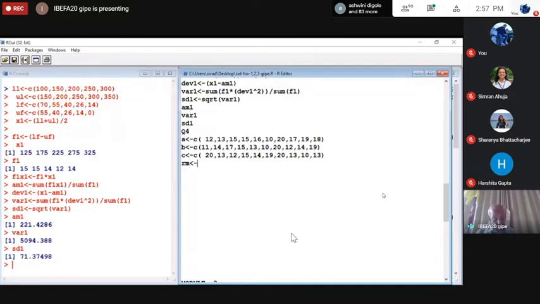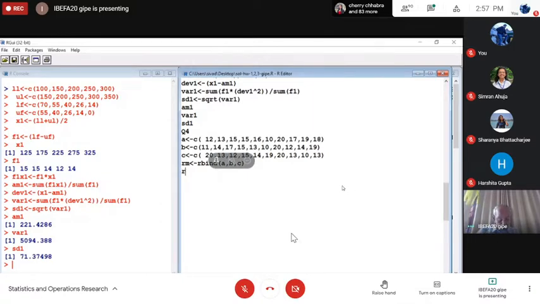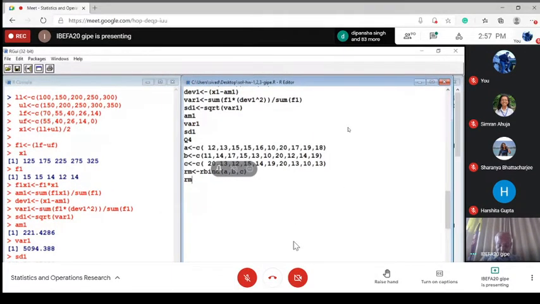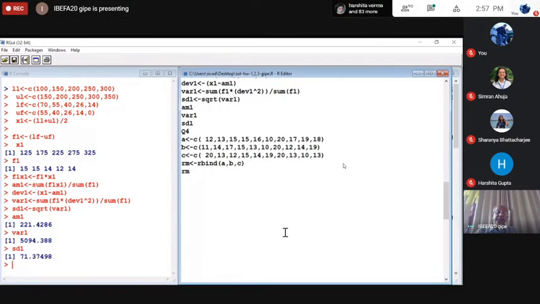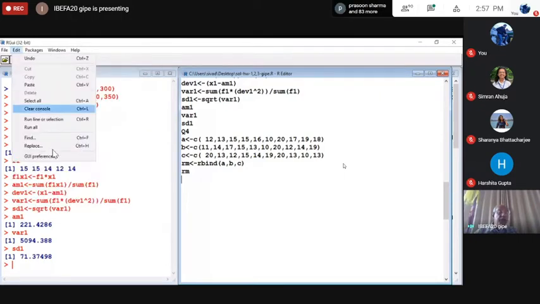R stands for row matrix. rbind is the function. Let us see the output.